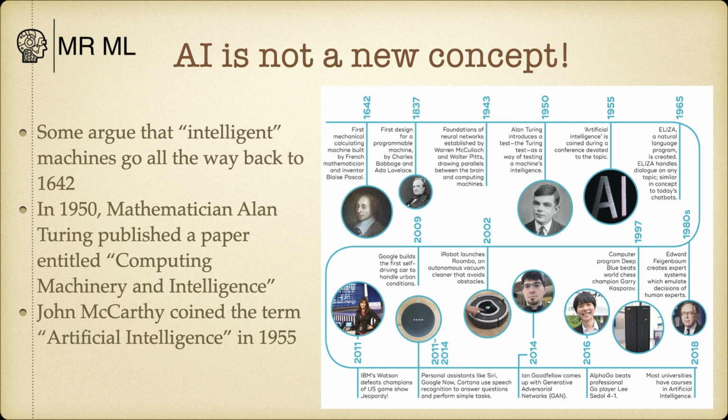You're going to see on the web that sometimes it says 1955, sometimes 1956. Well, it seems like the term was coined in 1955, but there was a conference on artificial intelligence in 1956. So that's why you see both dates. But anyway, it's the same decade, right?